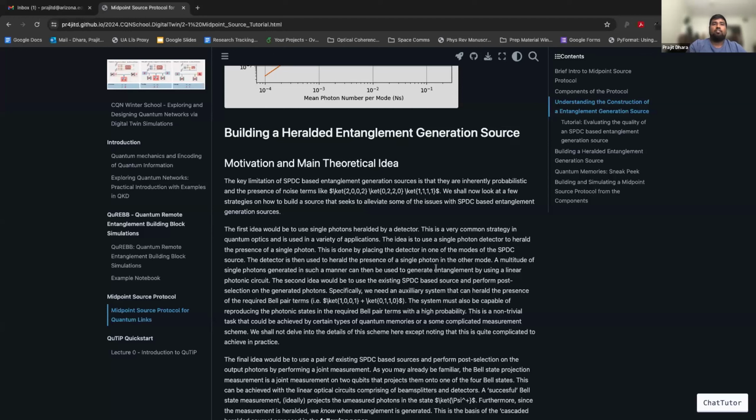The other idea is to simply take the SPDC source and then have some system which is able to process the photons and spit them out only if you have the required type of entanglement, specifically the Bell pairs. The destructive or demolition way of doing this is to simply say, I don't want to send entanglement, I just want to detect it.